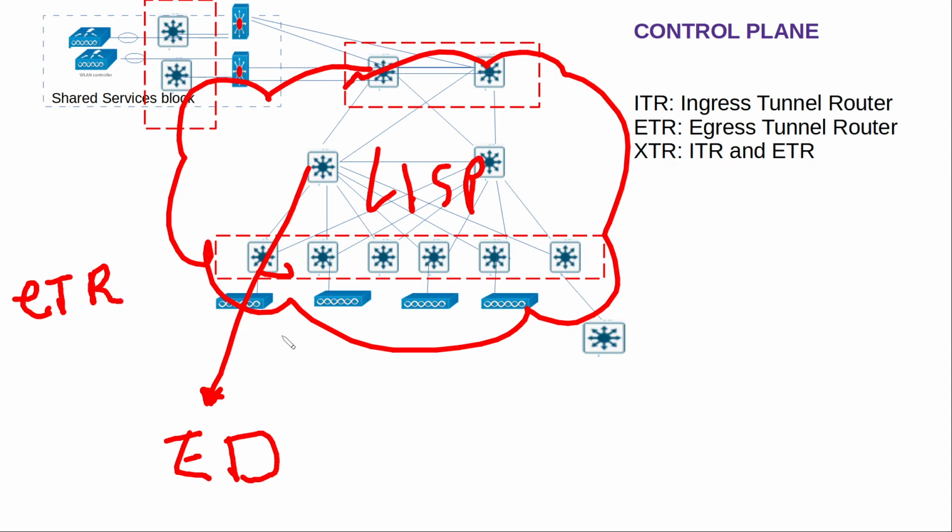And if I have a network device that lets me receive information from end devices into my LISP domain, then that device is known to be an ingress tunneling router, or ITR. If I have a network device that is both an ETR and an ITR, then I will call this device an XTR.